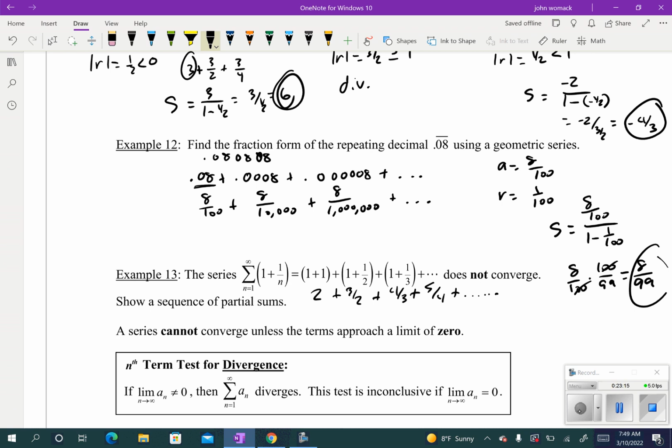If you start adding up these partial sums, the first one is 2. If I add up the first two, I would get 3.5. If I add up the first 3, it comes out to be 4.83.